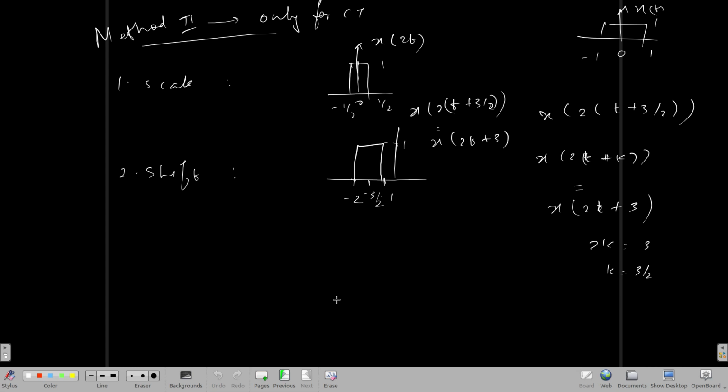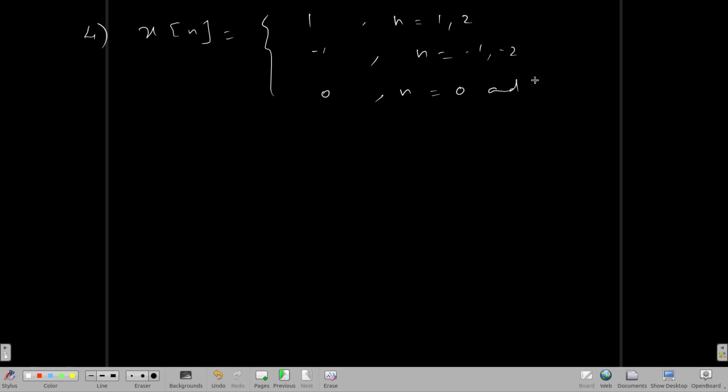Okay, now let's try one question of shifting and scaling in the discrete domain, right? Let's try one question here. X of n is equal to 1 for n equal to 1 and 2, minus 1 for n equal to minus 1 and minus 2, 0 for n equal to 0 and mod n greater than 2, right?